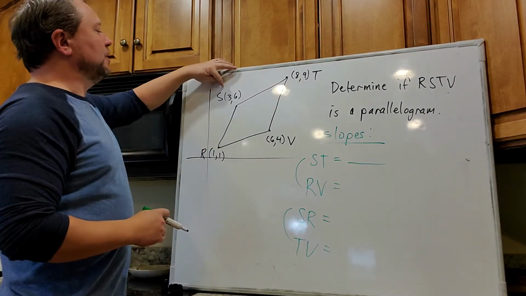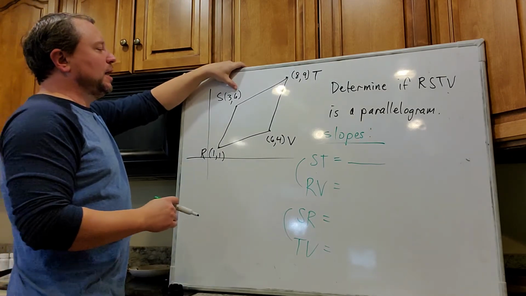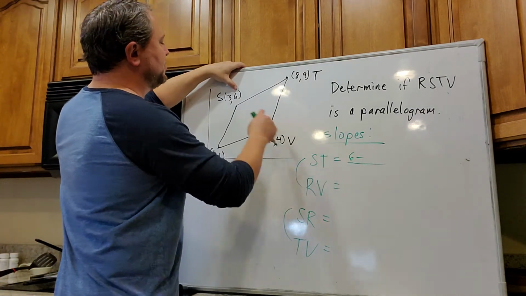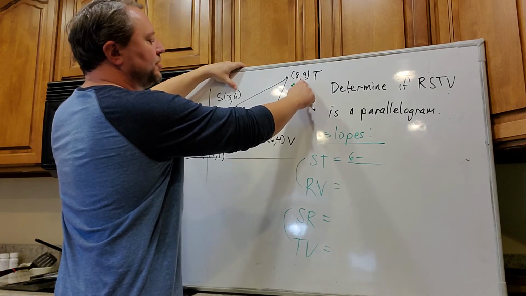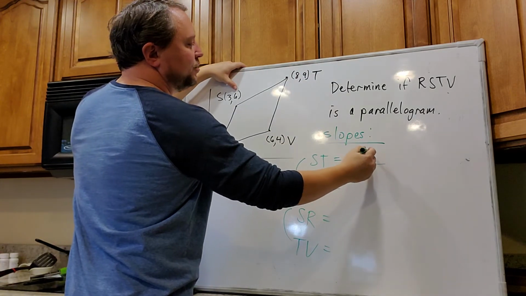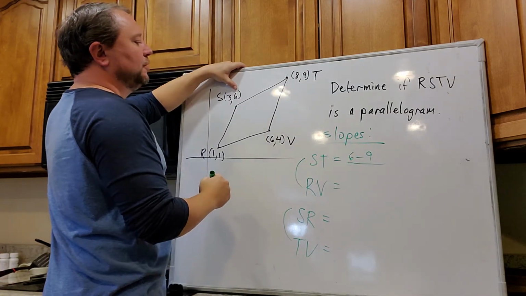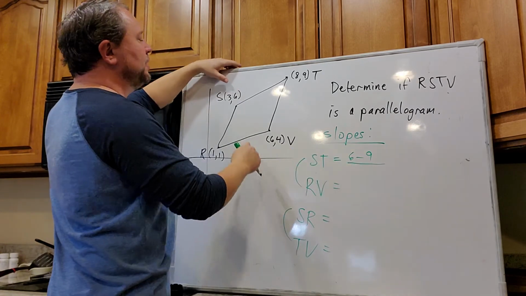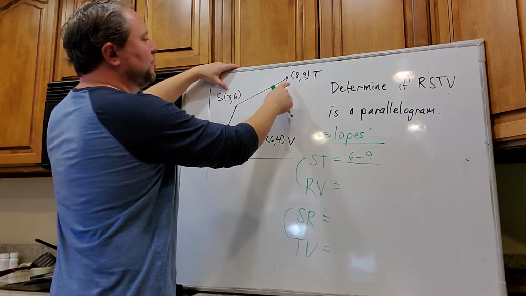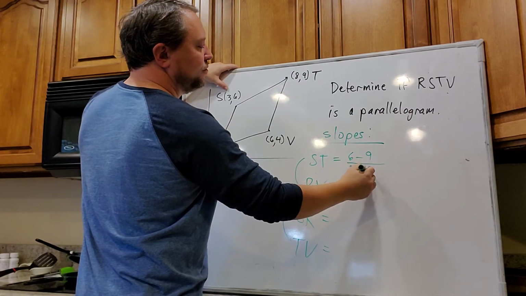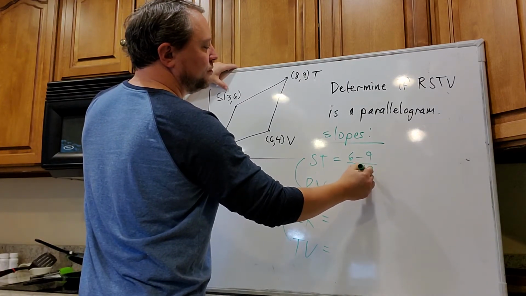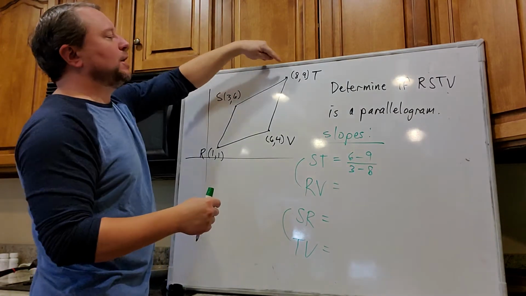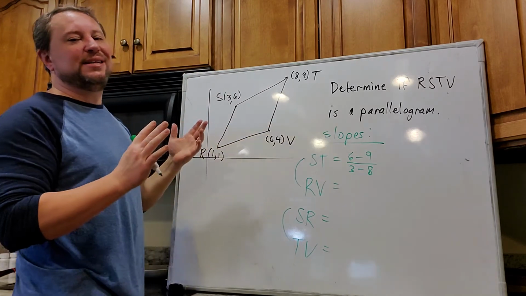So here we go. For S, we're going to start with the Y values, 6, and then here's T, which has a Y value of 9. So 6 minus 9 on top, and on bottom for the X values, I'm going to put 3 minus 8. You're welcome to subtract those in the opposite order, just be consistent.